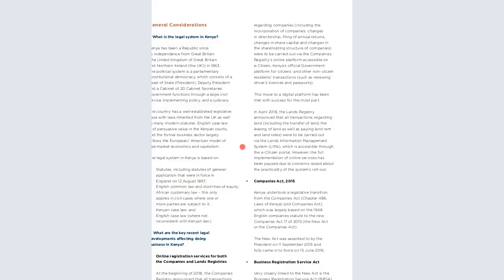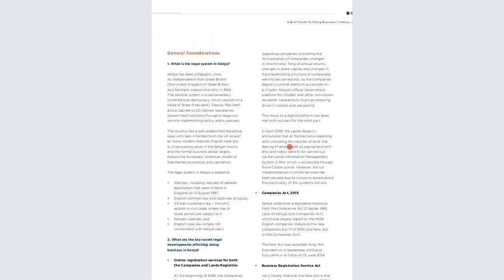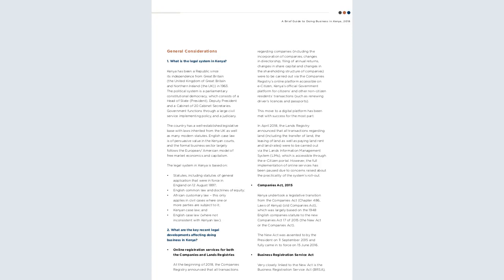Kenya has been a republic since its independence from the United Kingdom of Great Britain and Northern Ireland, the UK, in 1963. That is when our country Kenya got independence.